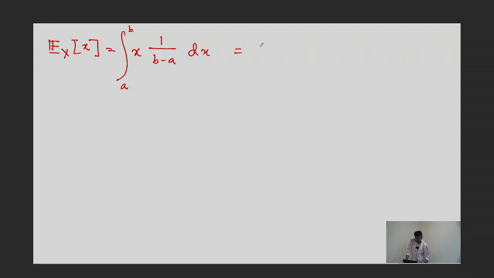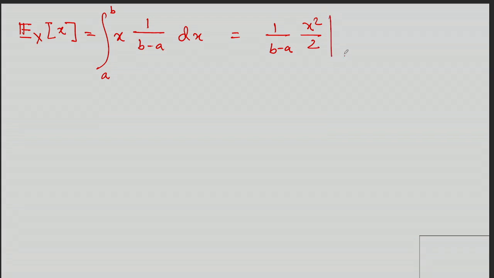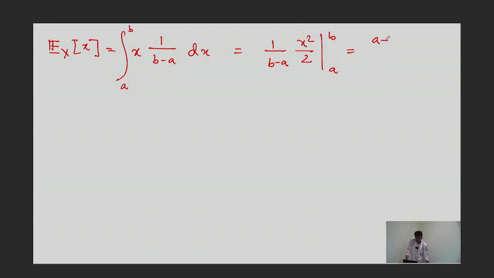This is equal to 1 by b minus a, and then you will get x square by 2, between a and b. Now if you put it in, you will ultimately get a plus b by 2, right? And if I am not wrong, the variance will come out to be b minus a whole square by 12 or something like that. You can derive it.